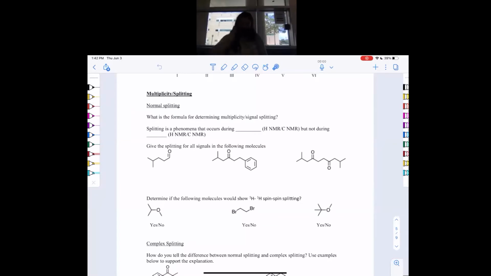So, first and foremost, let's answer whatever questions we didn't hear. We already know the formula, so I'll just fill that in for you. And the second question is a fill in the blank. Is splitting going to happen in hydrogen NMR or in carbon NMR? What do you think?